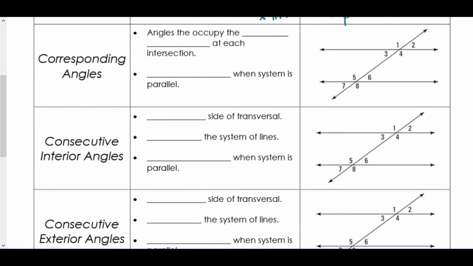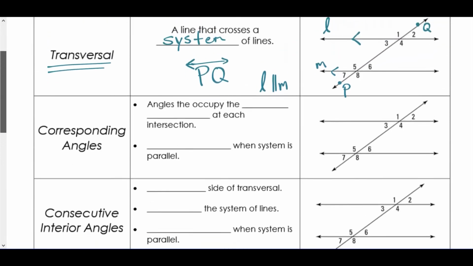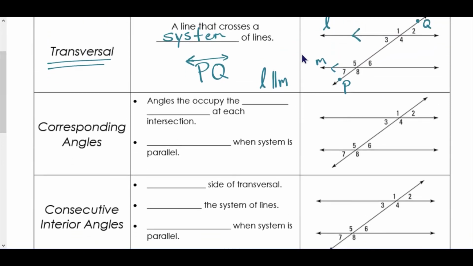Corresponding angles are a specific set of angles within this system that we have set up here. They occupy the same position at each intersection. So angles 1 and 5 are corresponding angles.